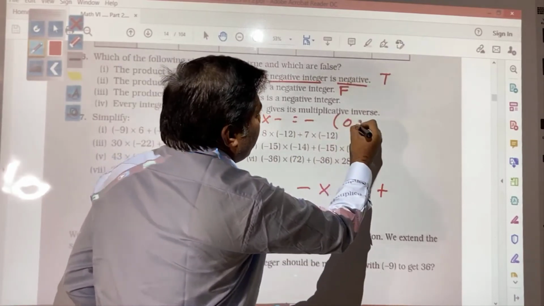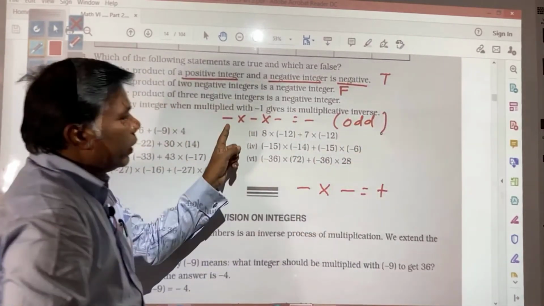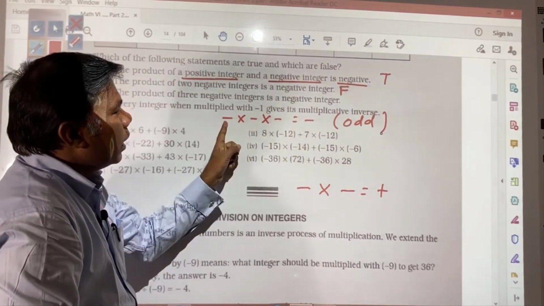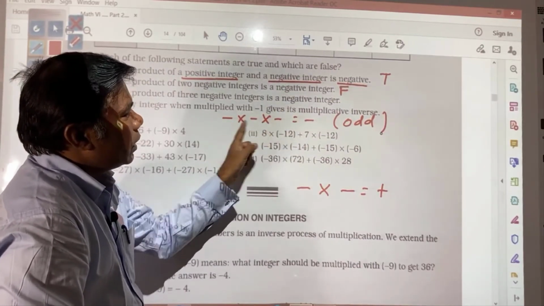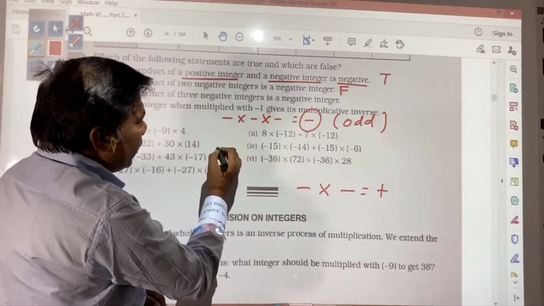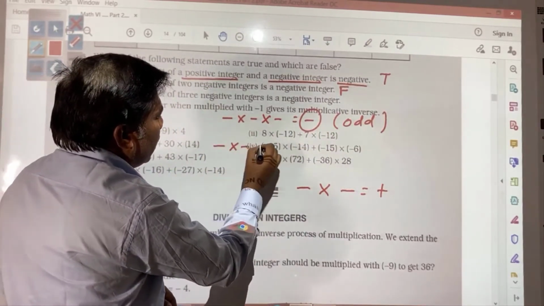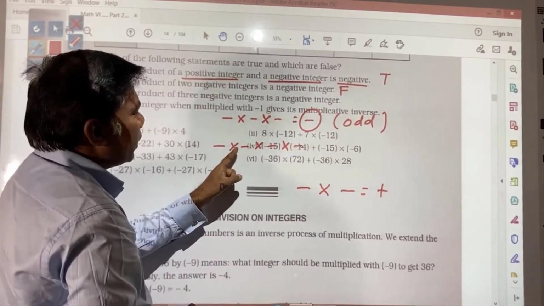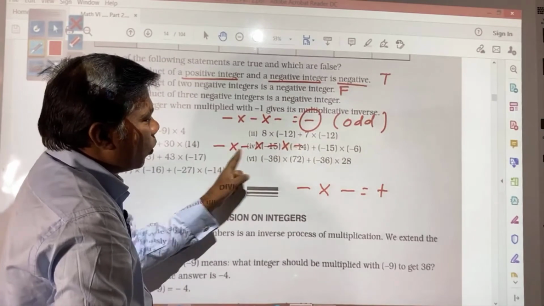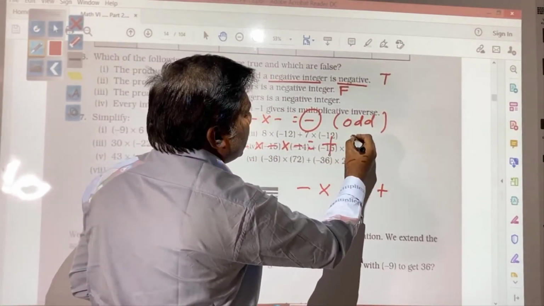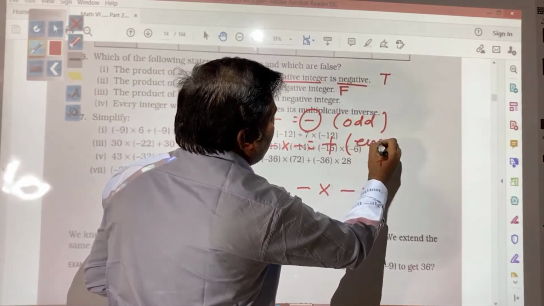If odd times negative integers will be there, 3, 5, 7, 9, 11, like that, then your product will be negative. If even times it will be like this, minus into minus into minus into minus. 4 times you have, means even times you have, then product will be positive. So this will be positive.